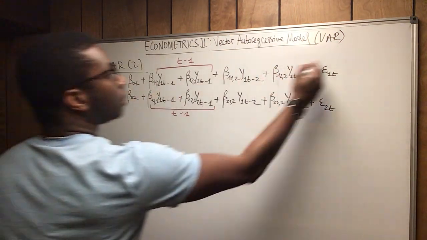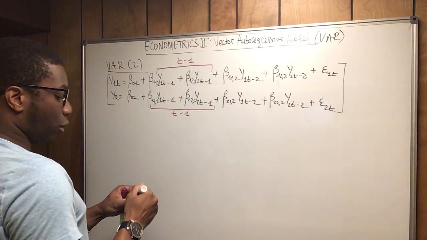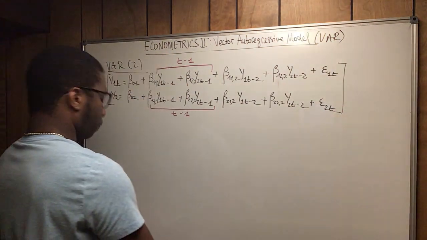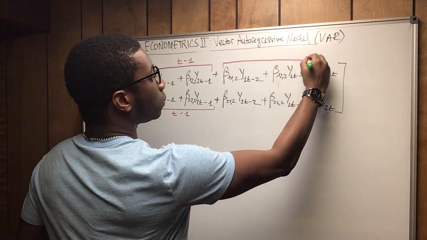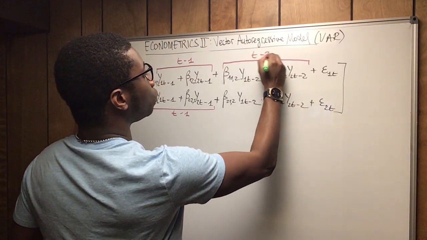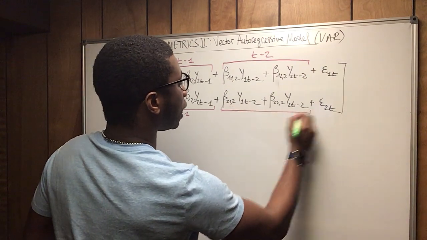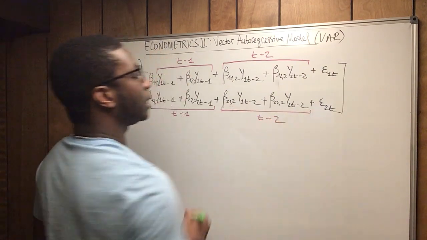This is the Vector Autoregressive Model 2. And as you see here, this deals with t minus 2. So I hope you guys see why it's written like this.